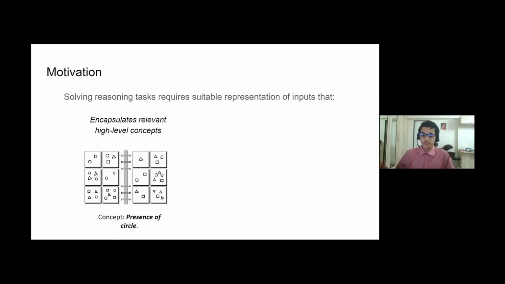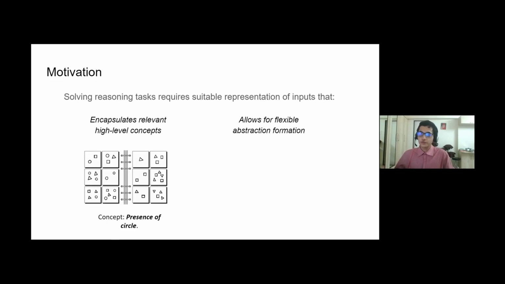So here, the representation we're using in the system should be able to encapsulate the idea of polygons and also the difference between polygons, such as squares, triangles, and circles.